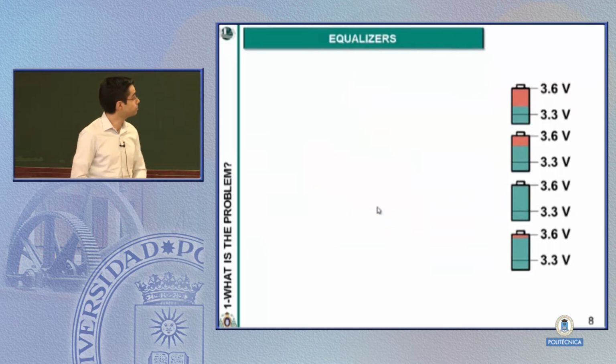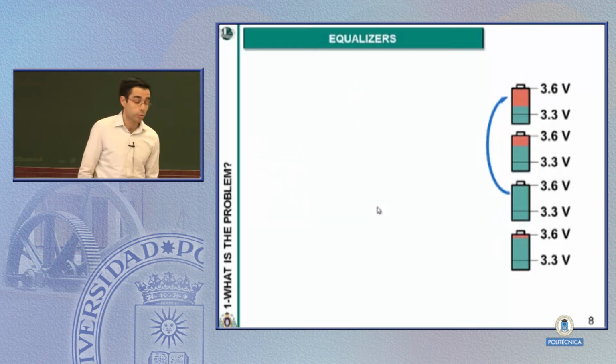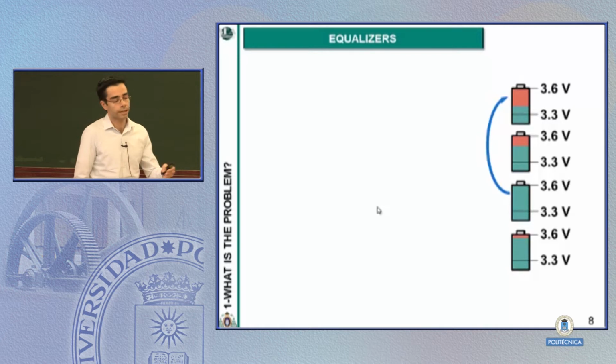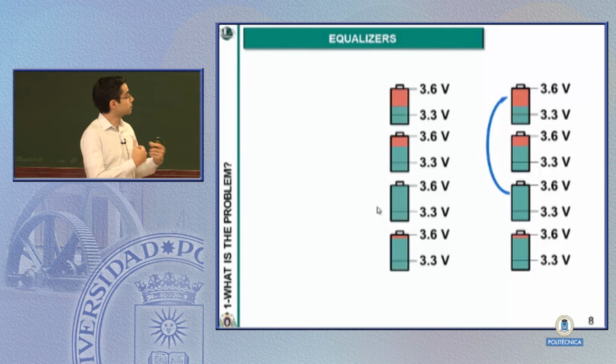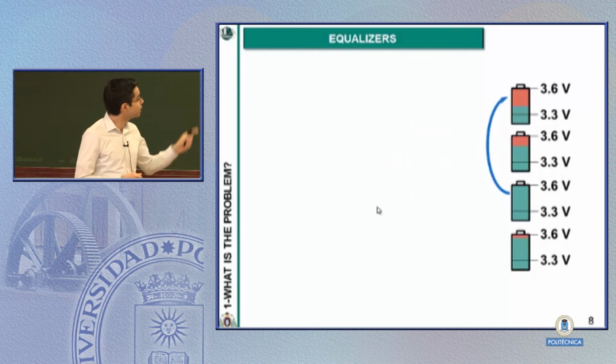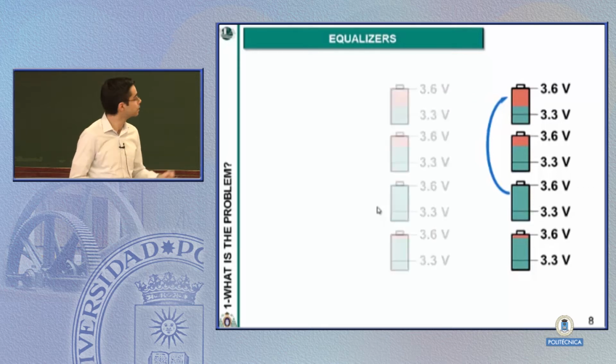For solving this problem, there are several approaches. Very fast, the equalizer can detect, select, connect to the most charged cell, extract energy, and inject that energy into the most discharged cell. That means selecting the most charged and also selecting the most discharged cell at different stages.